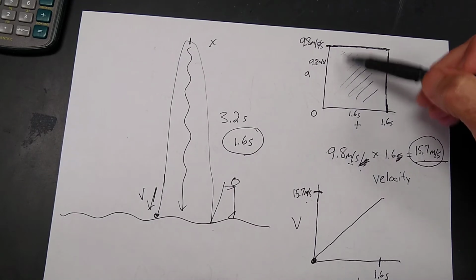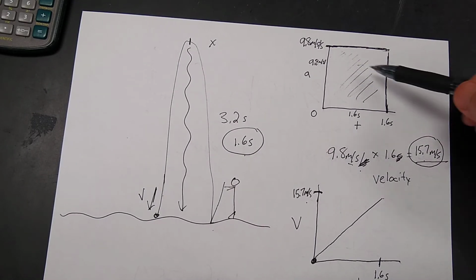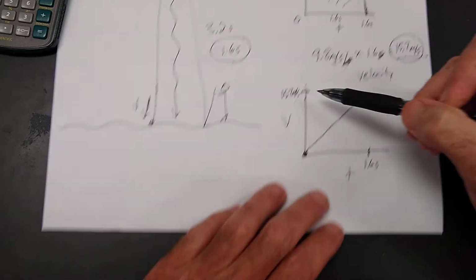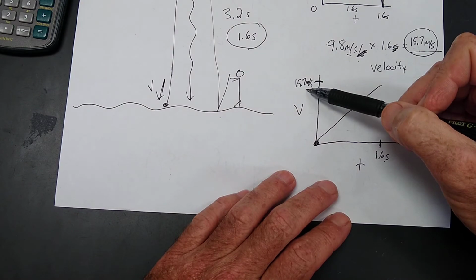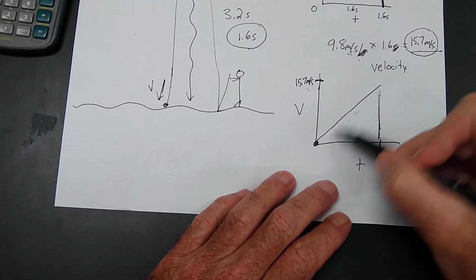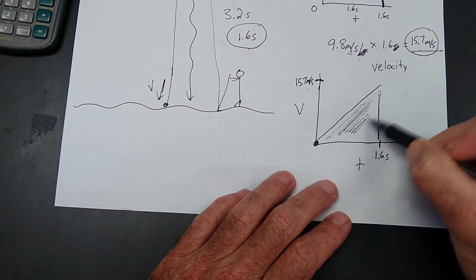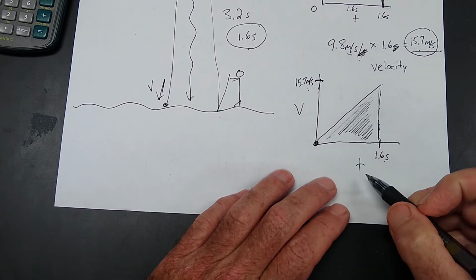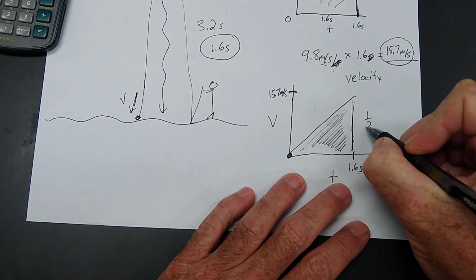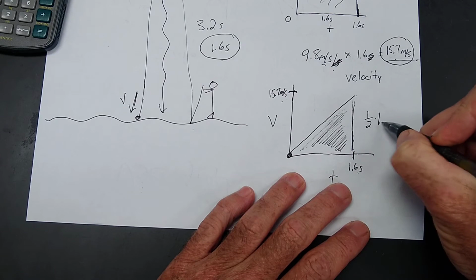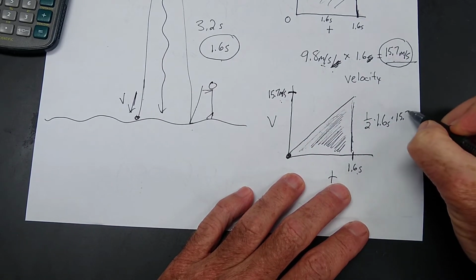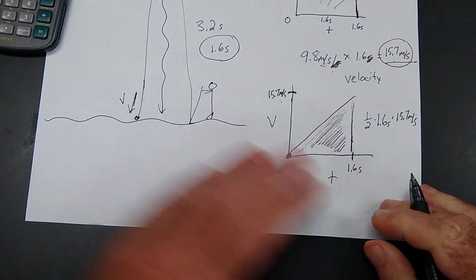Well, remember how we made a shape here, and we shaded it, and we said the area of this graph is equal to the maximum number on the next graph? Well, let's shade under the velocity. If we shade under the velocity over time graph, now we have a triangle. The formula for the area of a triangle is 1/2 base, 1.6 seconds, times height, 15.7 meters per second.